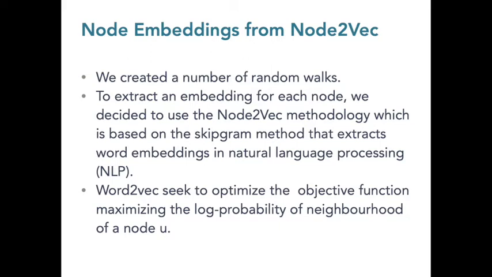Therefore, when applying the node2vec algorithm, it maximizes the log probability of a node's neighborhood instead of the log probability of a given word's context words, like it would when applied on a text dataset directly rather than on a graph.